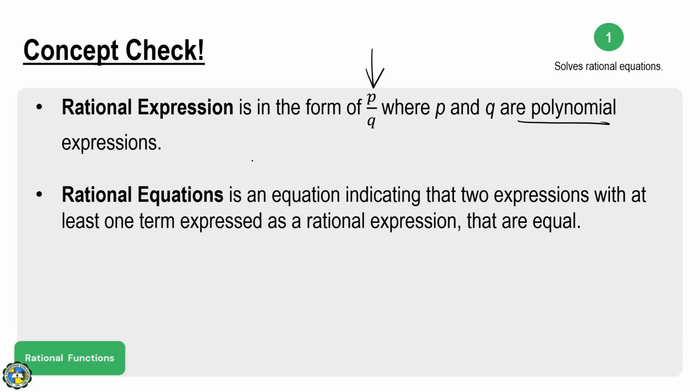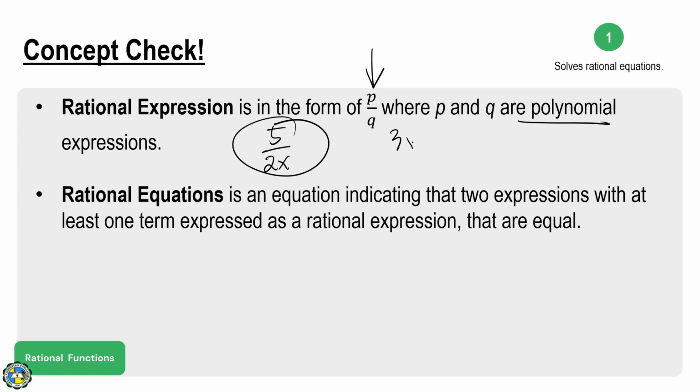From that rational expression po, no, pag sinama natin sila or pinagsama natin sila, indicating that the two rational expressions are equal, therefore we can call that as rational equations.